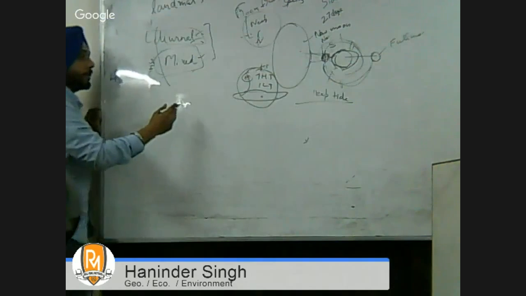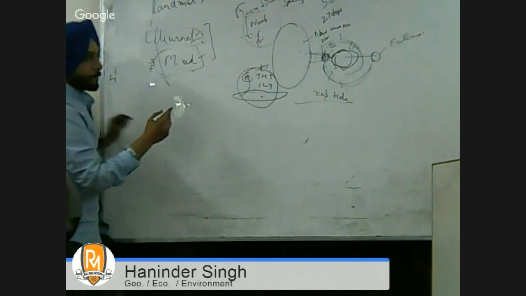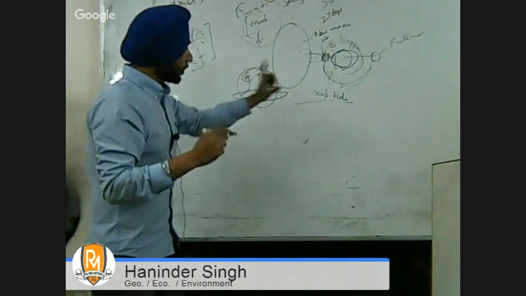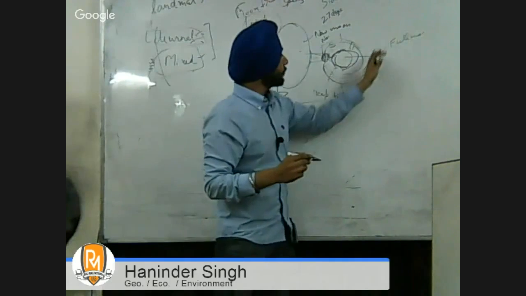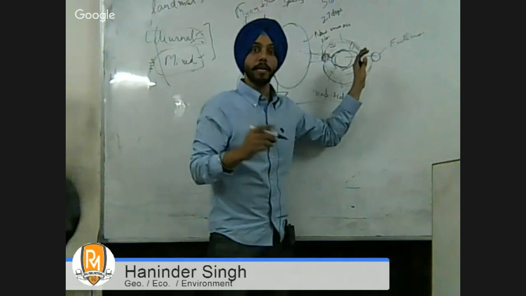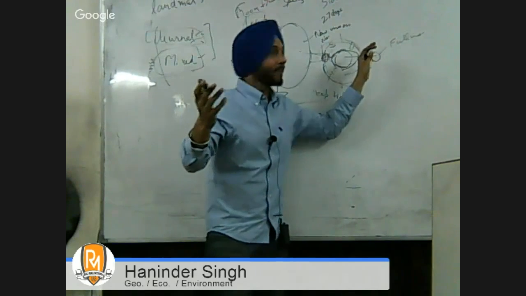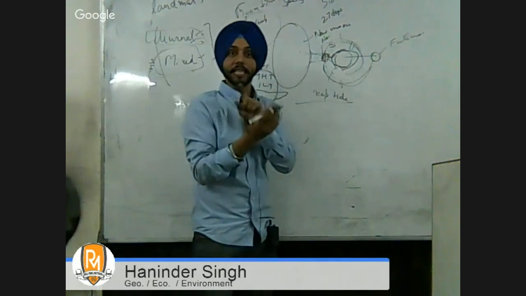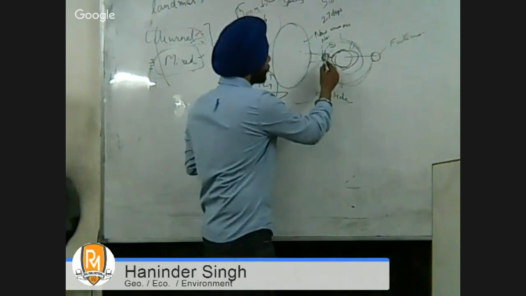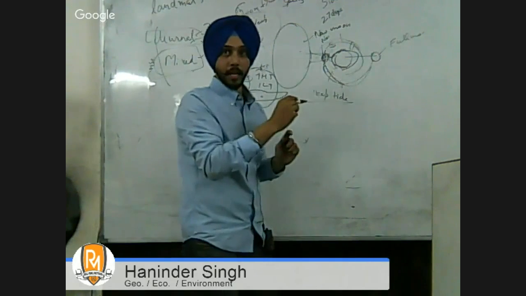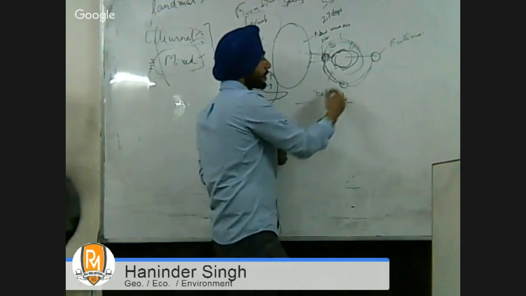What is a neap tide? I have told you that a lunar month is of 28 days; divided by 4, that is 7 days. So after 7 days, the moon will complete 1/4 of its journey, and the moon will be here.